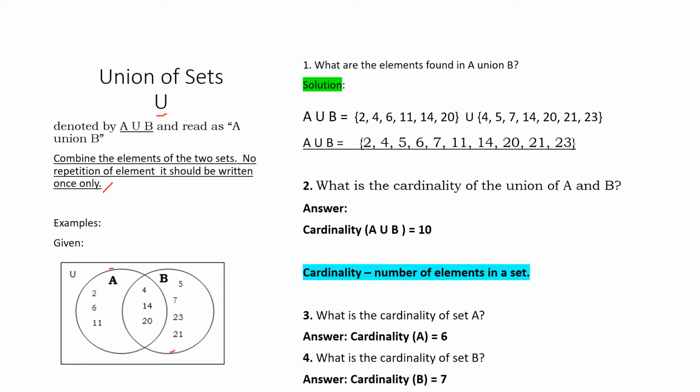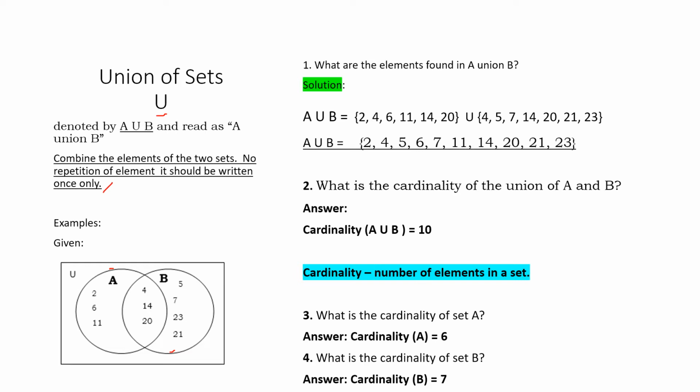The elements of set A are 2, 6, 11, 4, 14, and 20. While set B, we have 4, 14, 20, 5, 7, 23, 21. Okay, I'll repeat. All the elements inside the circle A are elements of set A. And all the elements inside the circle of B are the elements of set B.